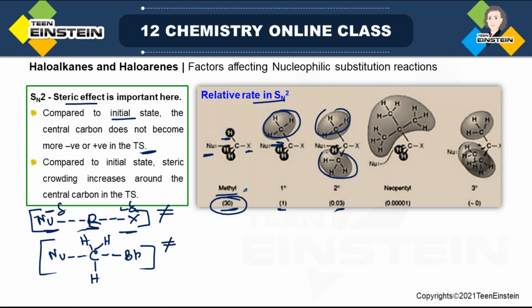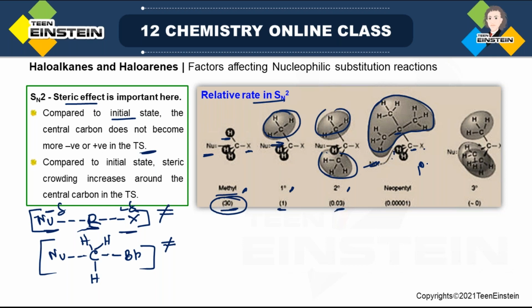So this is methyl halide, this is 1 degree, this is 2 degree. The fourth case is very interesting because here the carbon with which the halogen is attached is attached to 2 hydrogens and 1 carbon. So this is actually 1 degree. Though it is 1 degree, because of the presence of the CMe3 group, the tertiary butyl group, it is taking a huge space. So the attack of the nucleophile is highly difficult, this is a very narrow space.